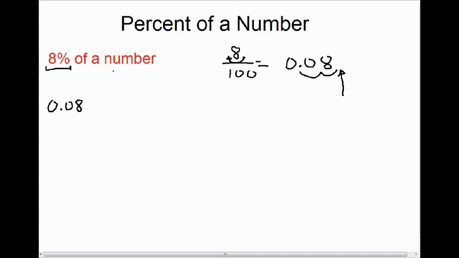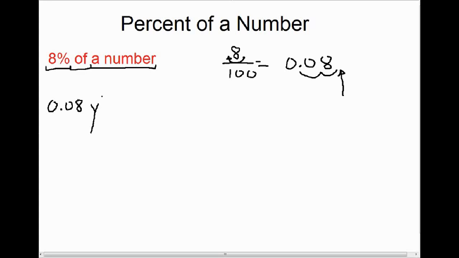The next part we're going to look at here is translating this part, which is a number. Now, I don't know what the number is, so what we have to do here is assign a variable to that to translate it into a math sentence. So we would usually have our let statement at this point, and I'll just say, let y represent a number. So I'm going to write that part of our sentence here. Well, of, we know, means multiply.